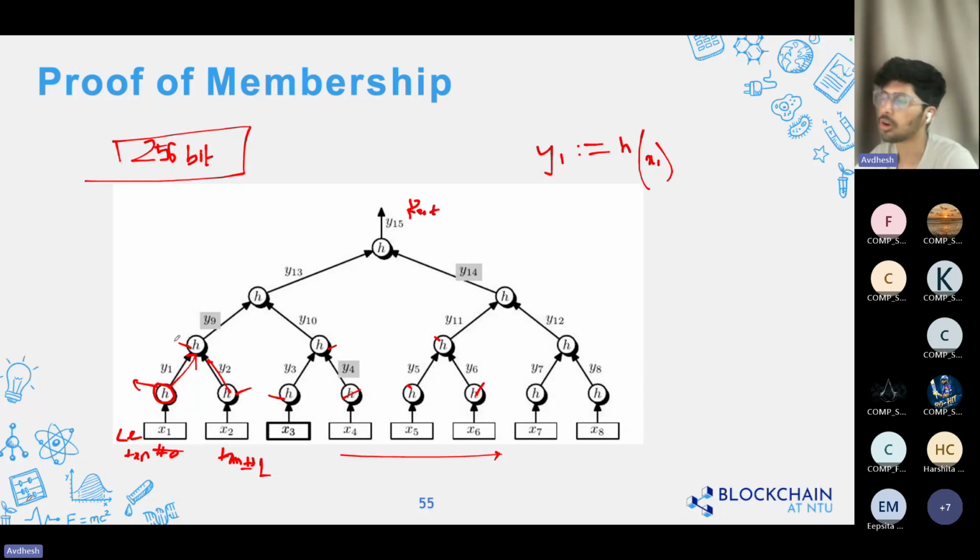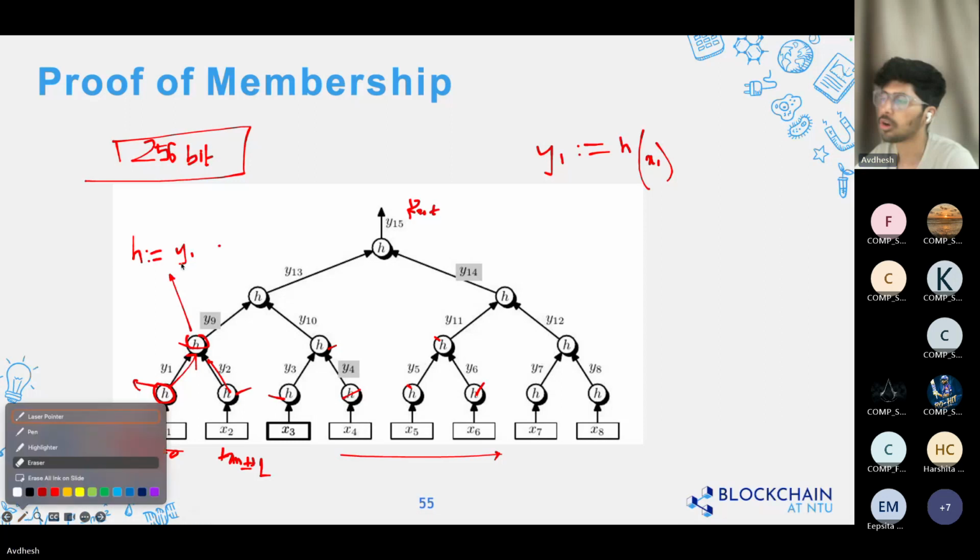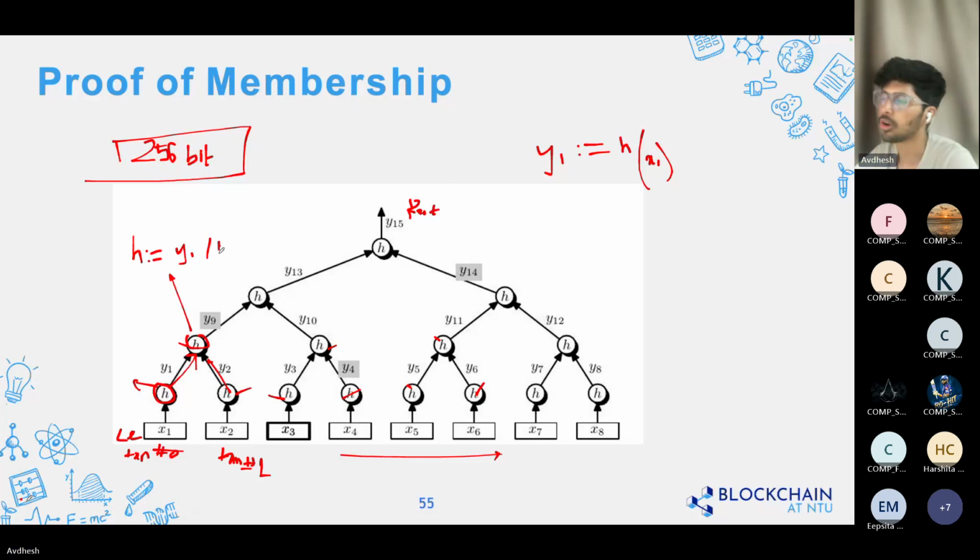Then y1 and y2 are concatenated to get y9, and this happens throughout the tree.